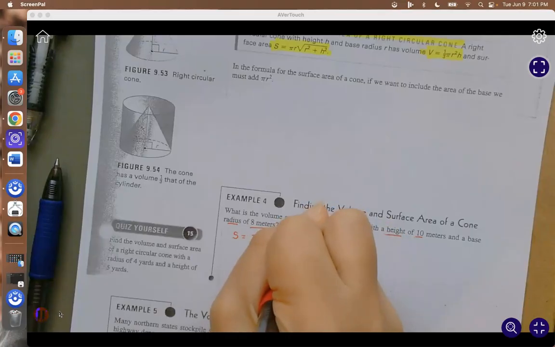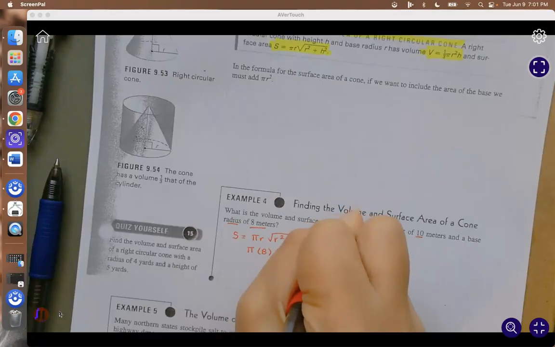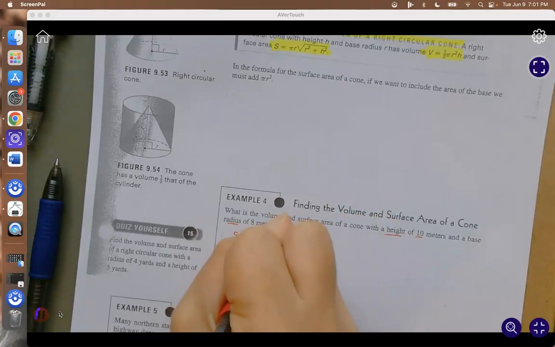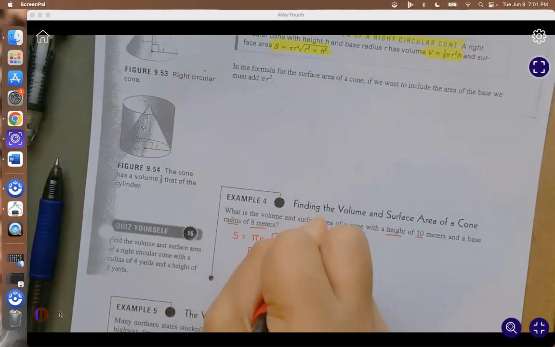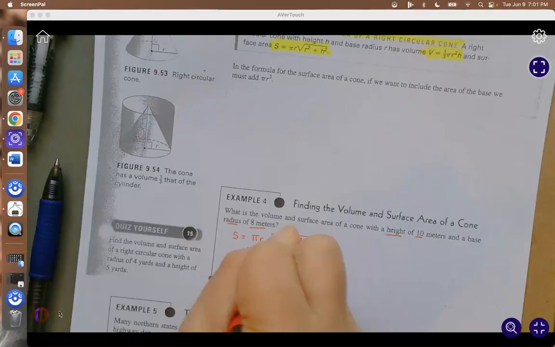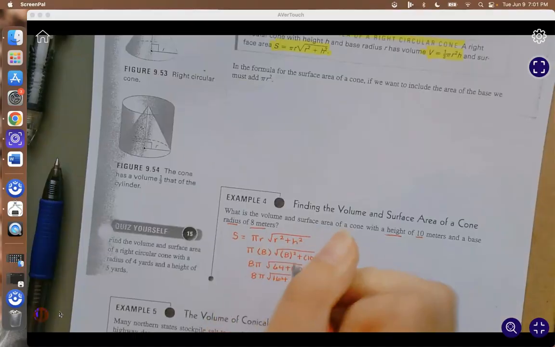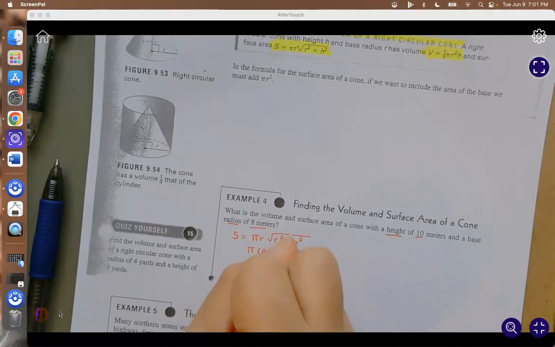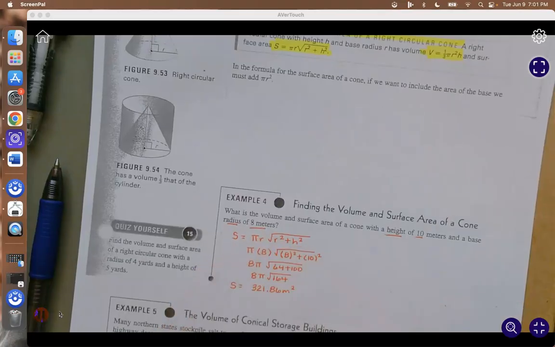Then we're going to do under the square root 8 squared plus 10 squared. So this is 8 pi. This is 64 plus 100. And we have 8 pi times the square root of 164. You can type all that in at one time, and that gives you 321.86 square meters. Okay, so that's your surface area.